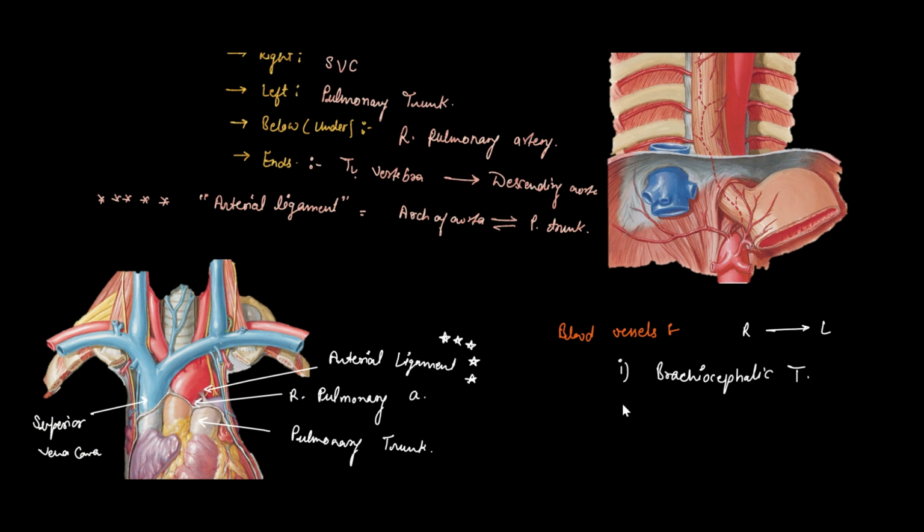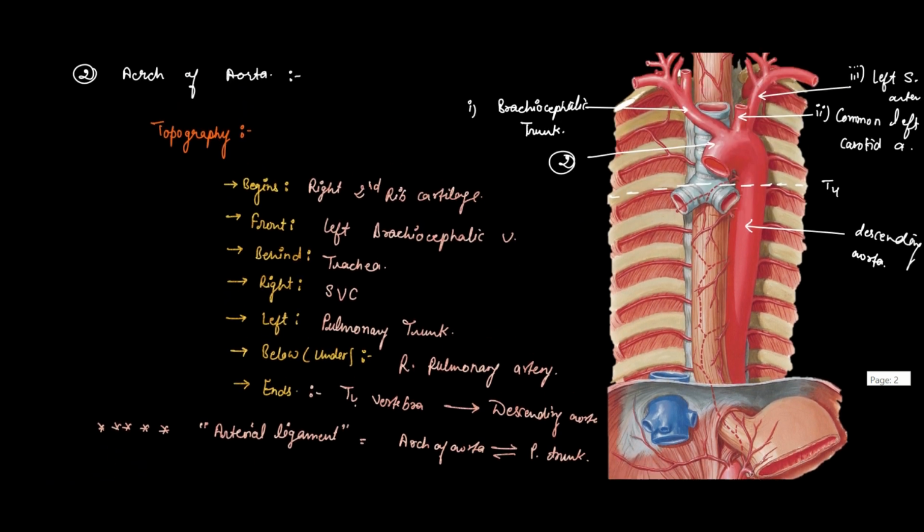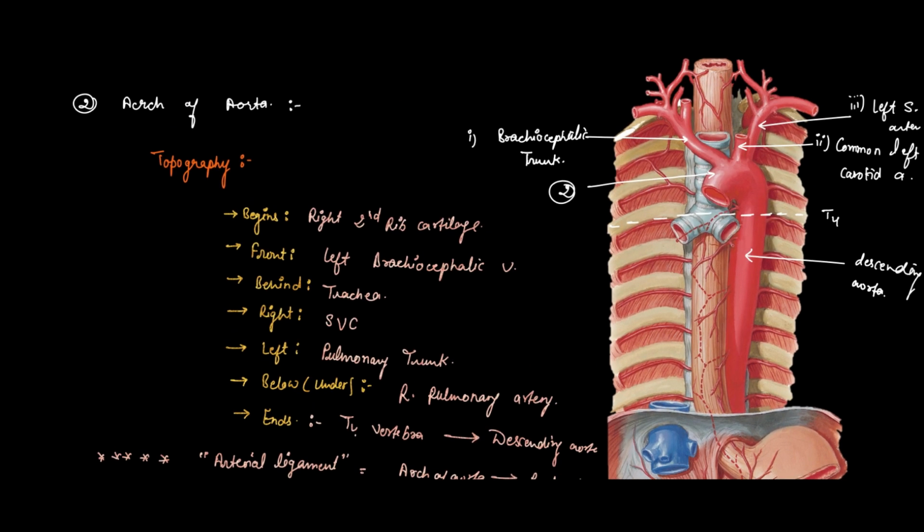Just left to the brachiocephalic trunk was the common left carotid artery, and just left to the common left carotid artery was the left subclavian artery. So it was about the second part of aorta, which is the arch of aorta, the very important part.